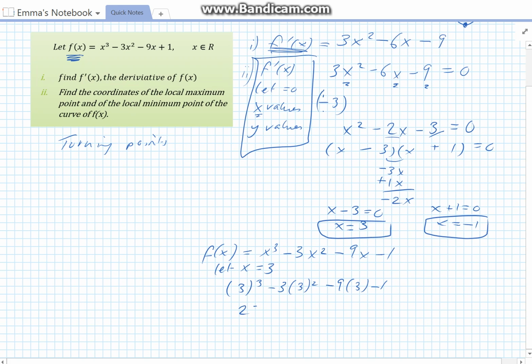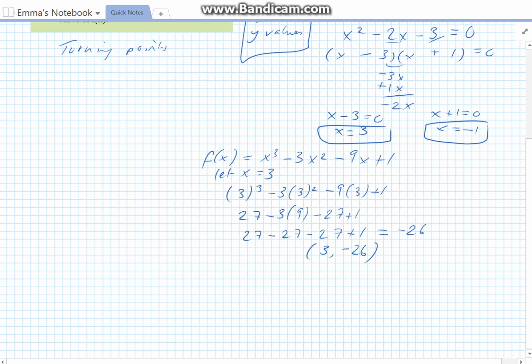So 3 cubed gives us 27, minus 3 times 3 squared, 3 squared gives 9, minus 27, minus 27, plus 1. Sorry, it's plus 1 all that time there. So that will give us minus 26. Our point therefore is 3 as our x value, and minus 26 as our y value.